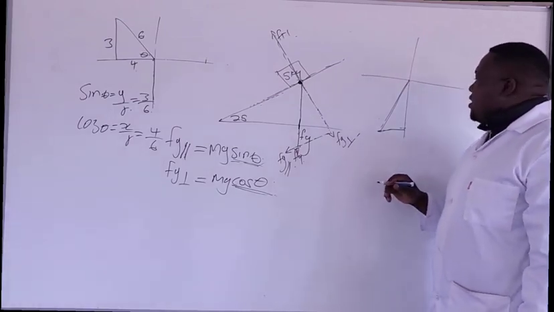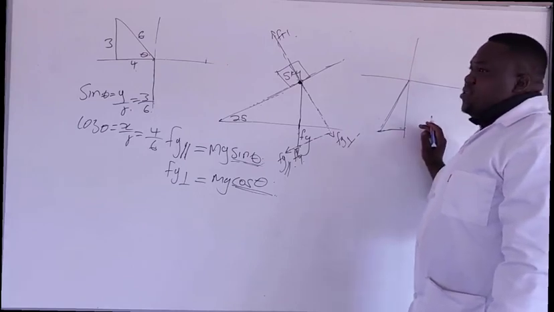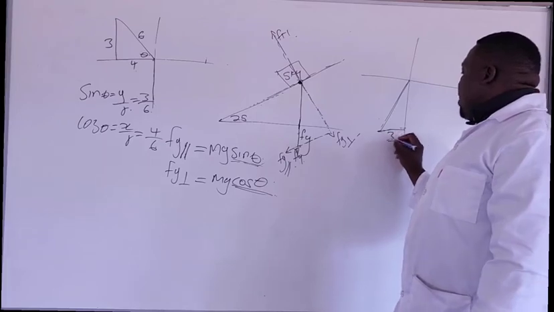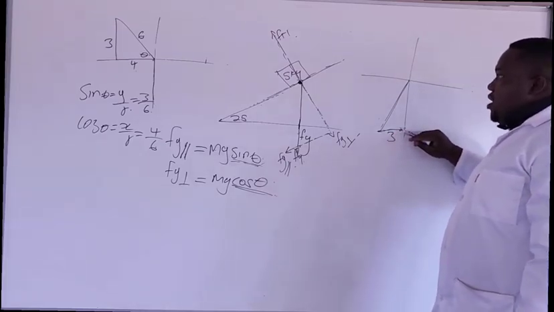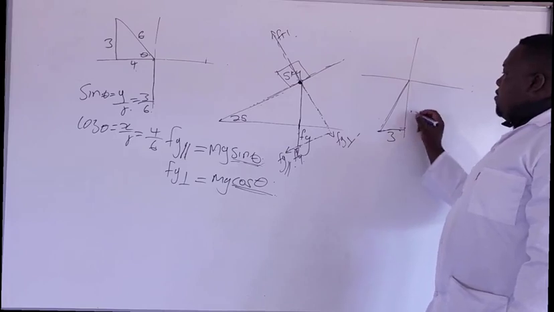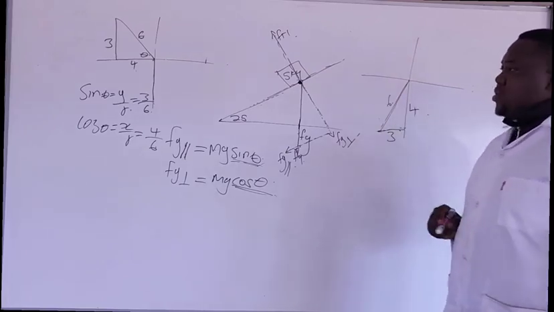It means that what we had as x will become y. It means 3 will become our x. 3 will come here. Then what about 4? 4 will become here. R will never change. Can you see that?